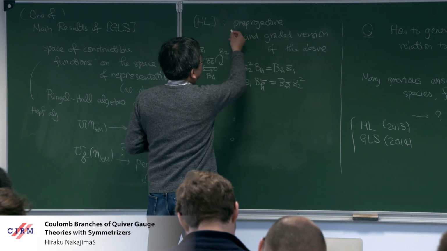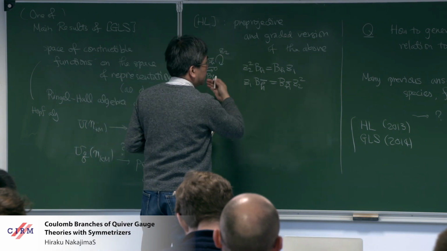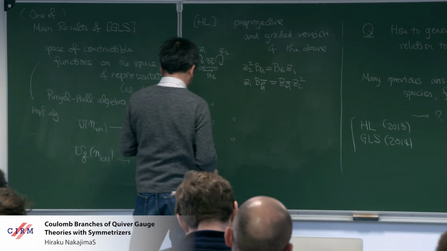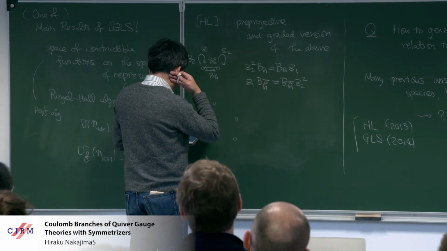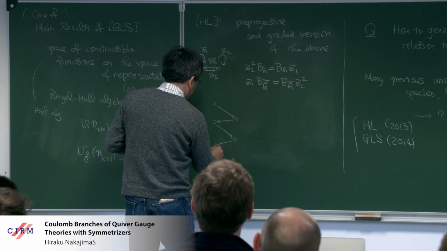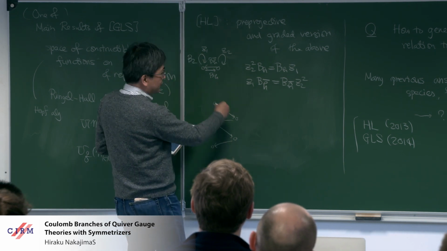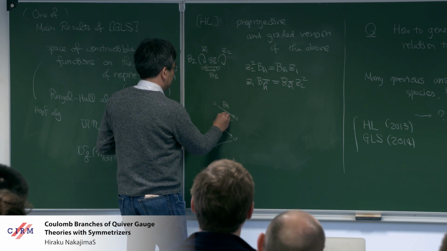And graded means that this is a kind of fixed point in the natural action, which multiplies the edges. So you have this kind of arrows. So this is a graded version of BH and BH bar.